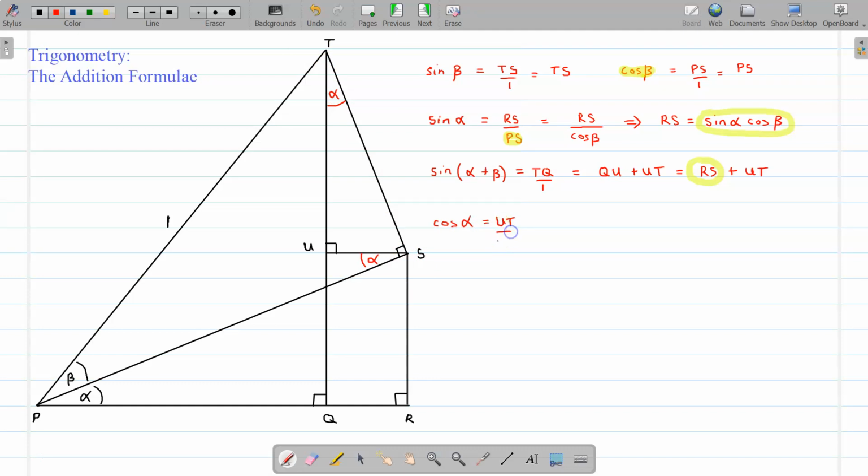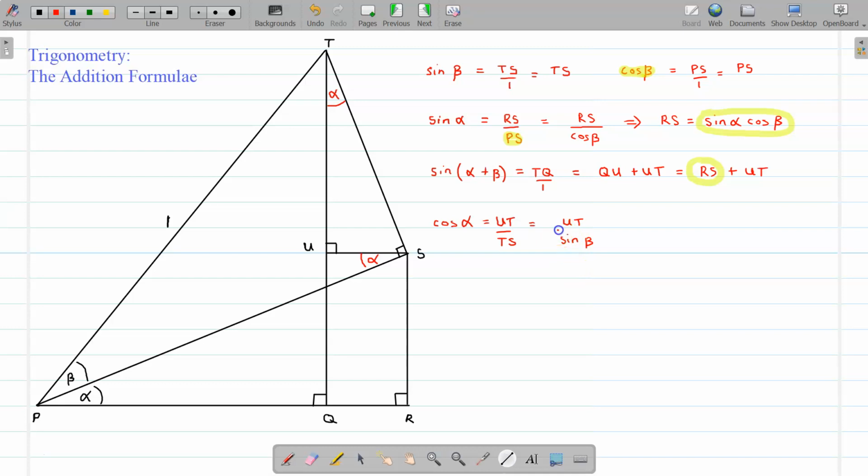Now, you might notice that we've already defined TS as the sine of beta. So that is equal to UT over the sine of beta, which we discovered earlier.